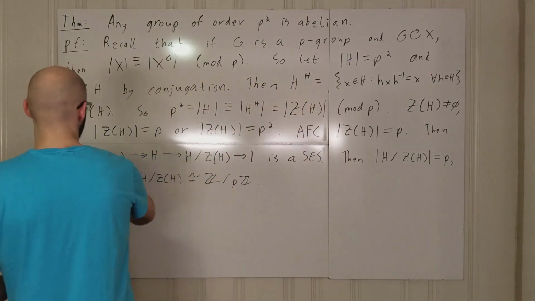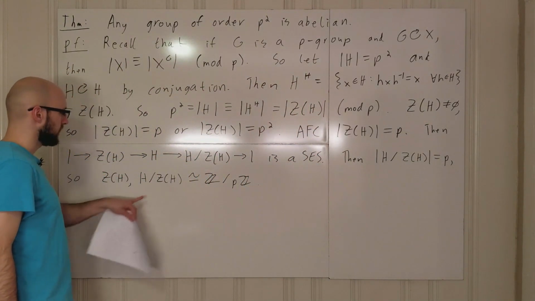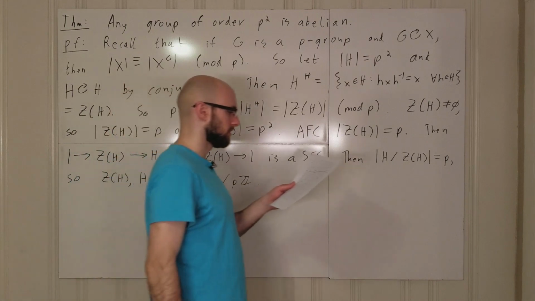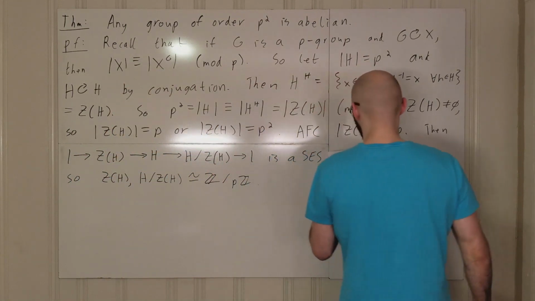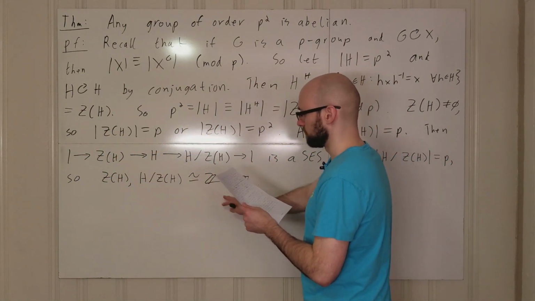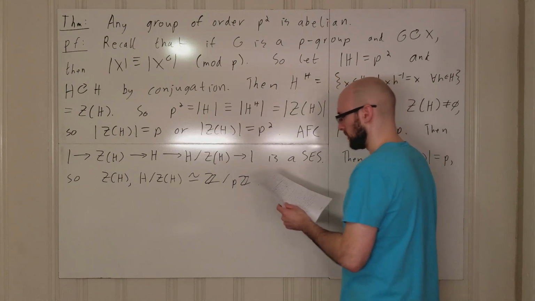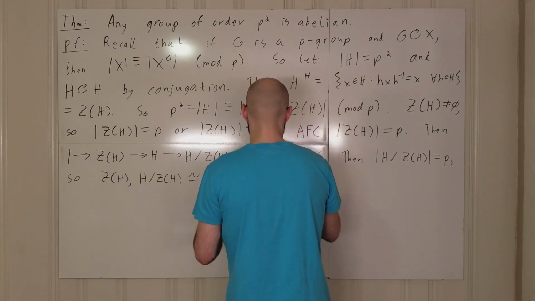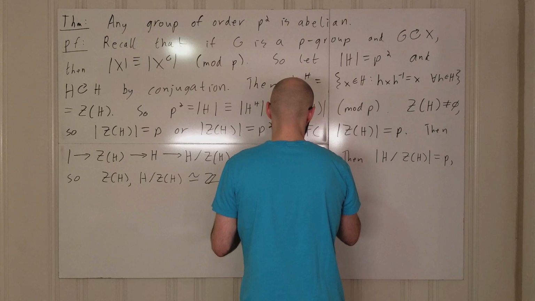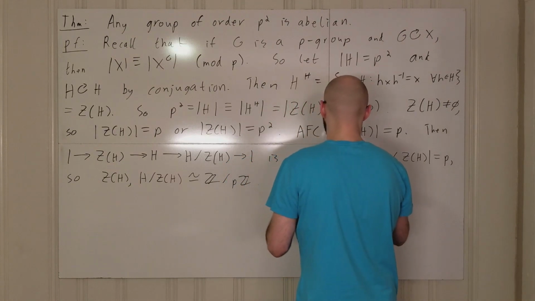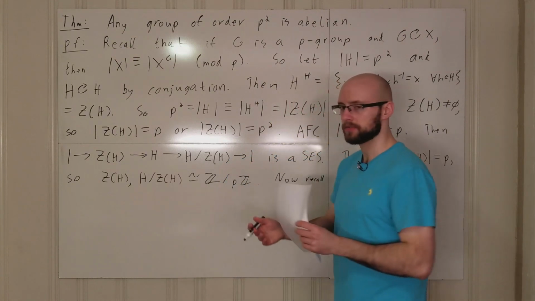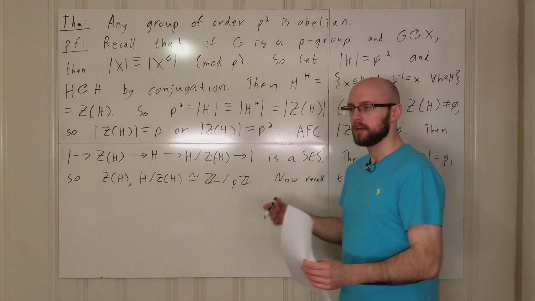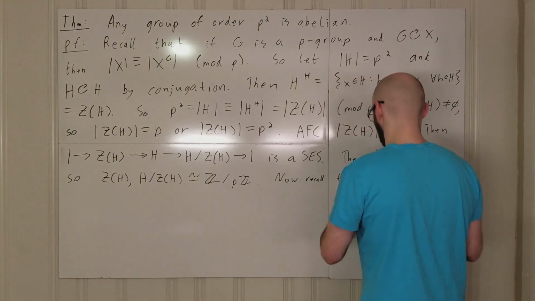So, anyways, the center of H and H mod the center of H both have size p, and thus are isomorphic to this. Now recall that, now I guess this is recalling for me because I've seen the homework exercise that this comes from.